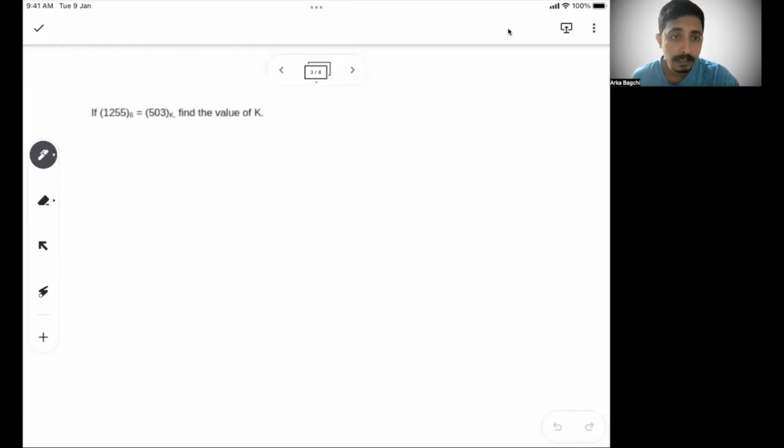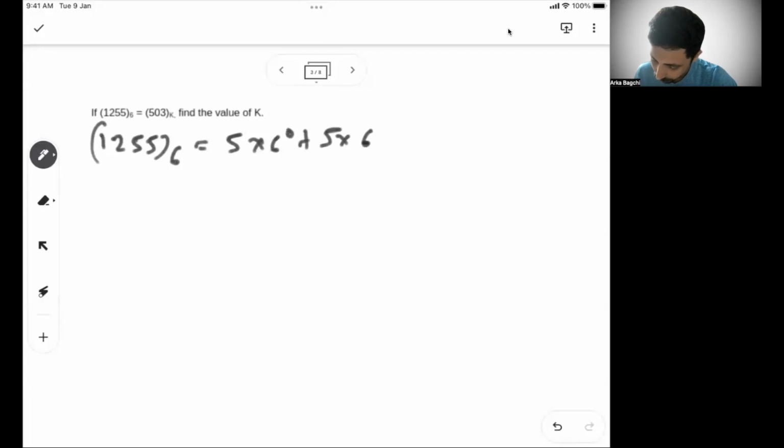The next problem says 1255 in base 6 is 503 in base k. So again, the whole idea is to convert both of these into a decimal number. So 1255 in base 6, when converted to decimal, will be 5 into 6 to the power 0, 5 into 6 to the power 1, 2 into 6 square, plus 1 into 6 cube.